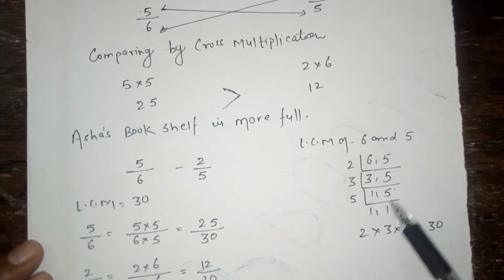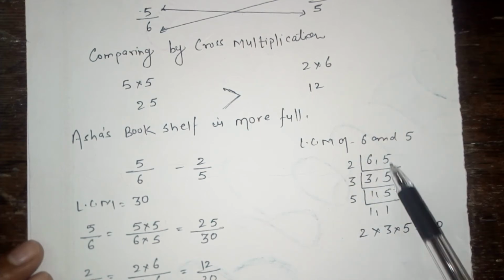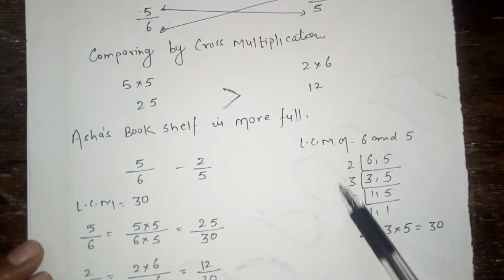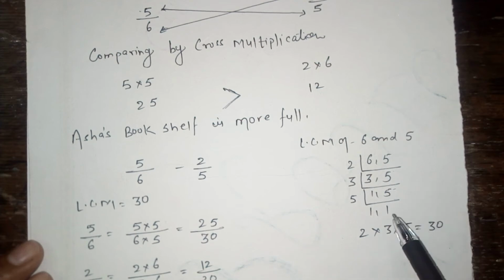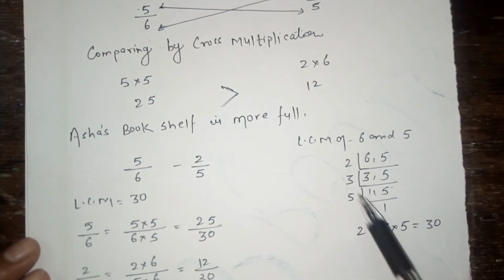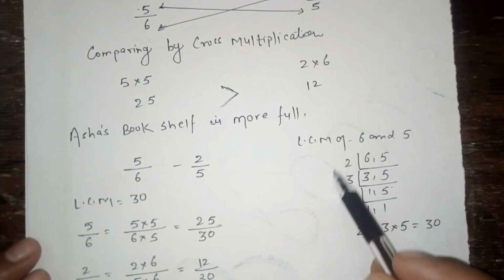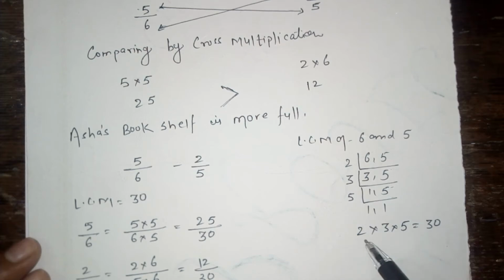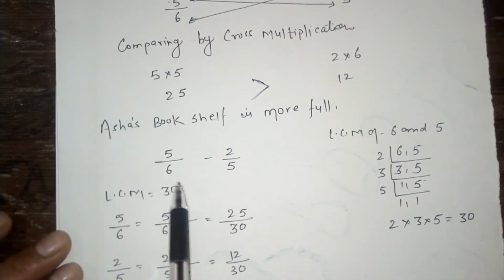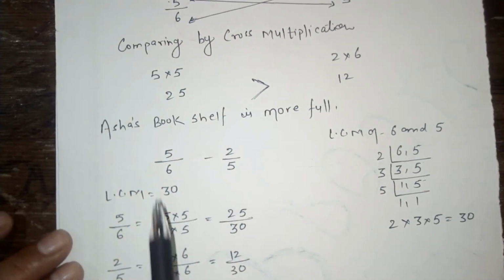After applying the short division method, we will take the product of these three prime numbers. 2 into 3 into 5 gives 30. Okay, the LCM of 6 and 5 is 30.